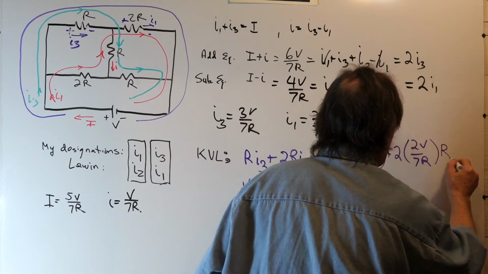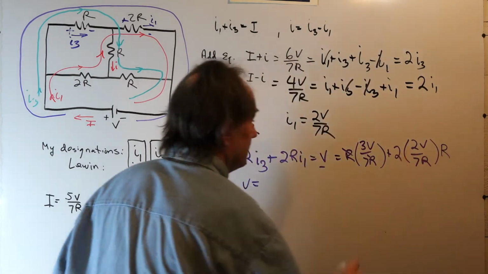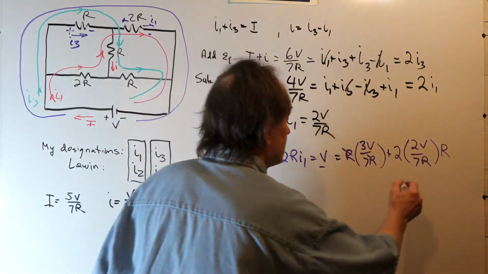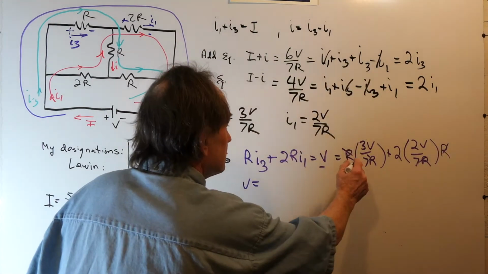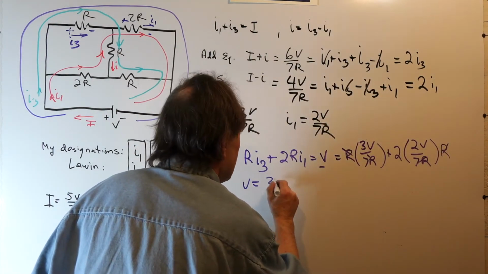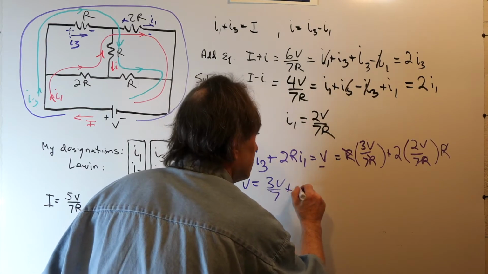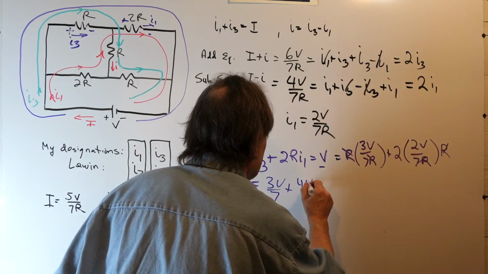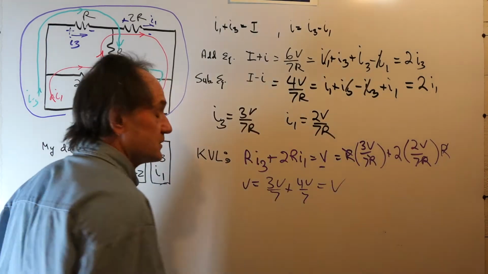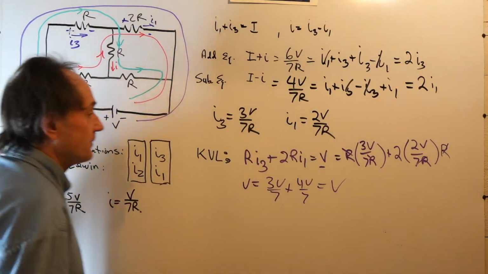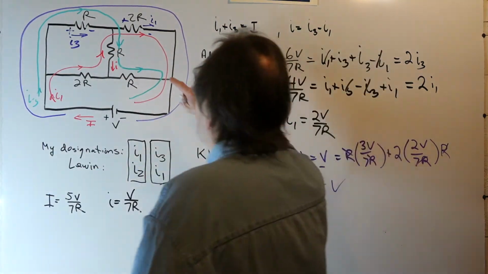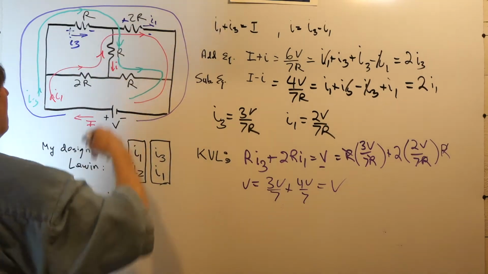The resistor is 2R. I put the 2, but I didn't put the R. So the R's cancel. So we get 3V over 7 plus 2 times 2V, which is 4V over 7, which is V. So it's consistent. V equals V. So it satisfies Kirchhoff's voltage law around this loop.